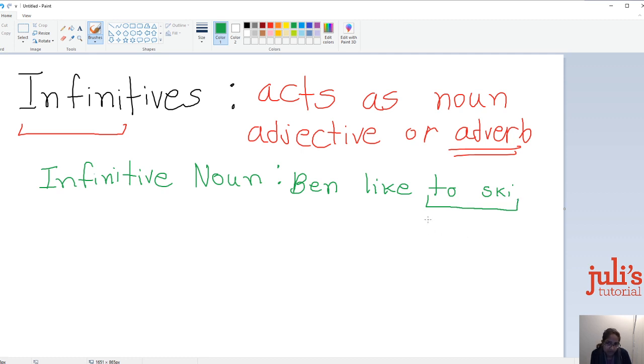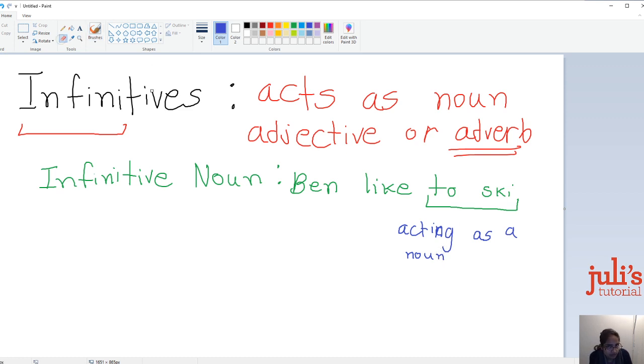Okay? To ski, this part is the infinitive noun. It's acting as a noun. Now, what is the difference between this and gerund then?